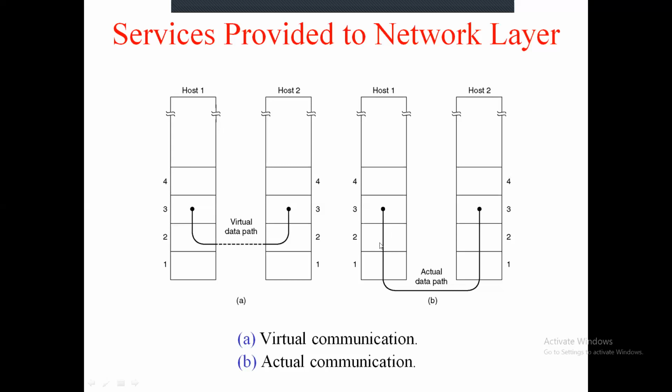The answer is the responsibility of the data link layer. I'm repeating once again, the data link layer at the sender side accepts the data from the network layer and transmits the data to the receiver side network layer.